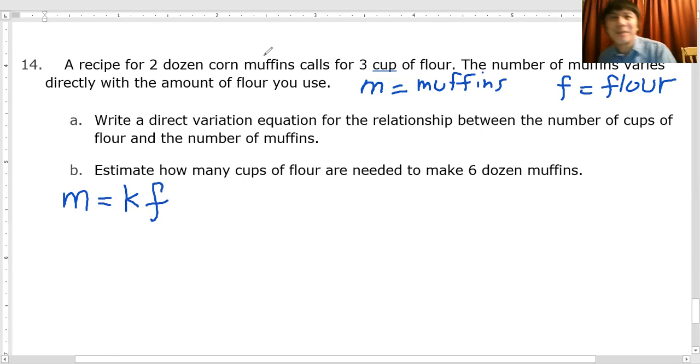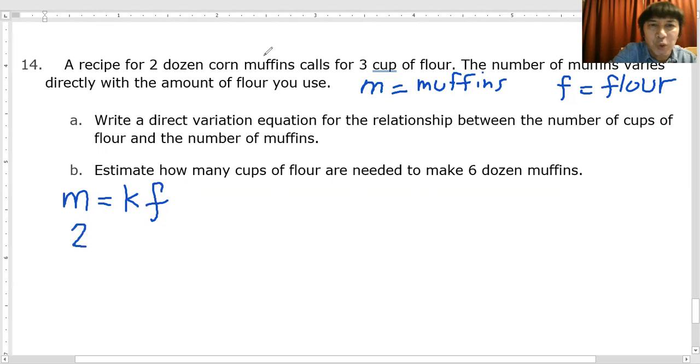All right. So we're going to make use of the given. 2 dozen corn muffins calls for 3 cups of flour. The letter B here is estimate how many cups of flour are needed to make 6 dozen muffins. So we will not change the dozens anymore, although we know that 1 dozen is 12. We will just use the dozen. The number of given dozens in the statement is 2.